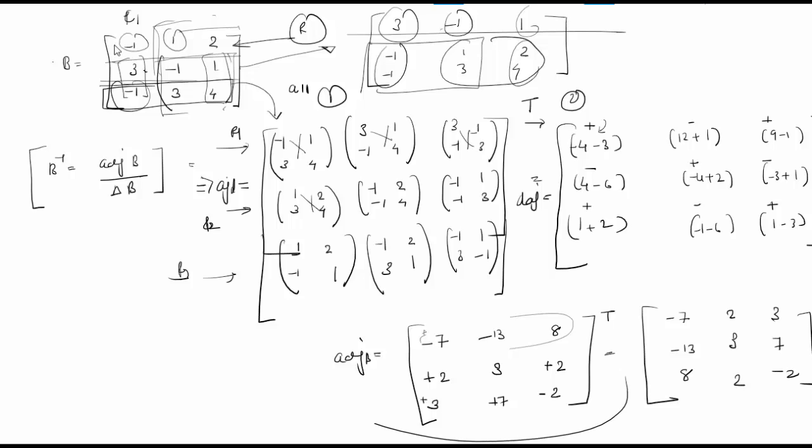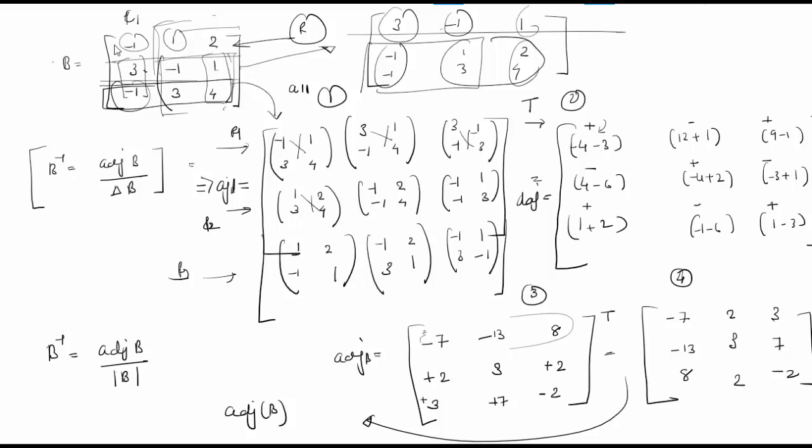So what I have found here, if this was my step 2, this was my step 3 and this was my step 4, then what I have found here is my adjoint of B, and my B inverse is equal to adjoint of B divided by delta B.